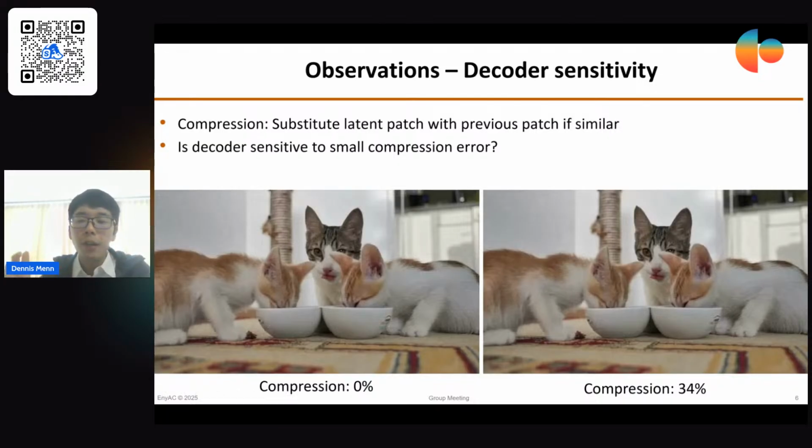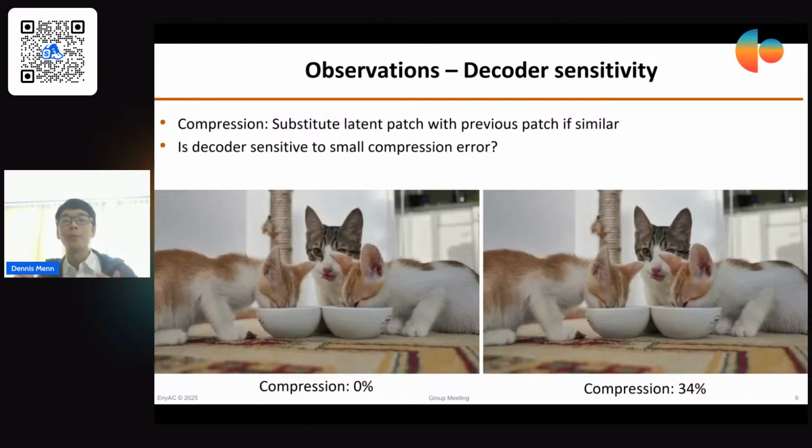For the video on the right-hand side, we compress 34% of patches, which means you reuse previous latents for 34% of patches. We call this compression because if you can substitute a latent patch with the previous latent patch, you do not have to spend the same compute on two identical patches.